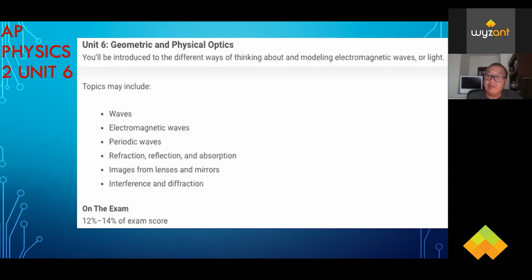The topics may include waves, electromagnetic waves, periodic waves, reflection, and absorption, images from lenses and mirrors, interference and diffraction. On the exam, this covers about 12 to 14% of the exam score.